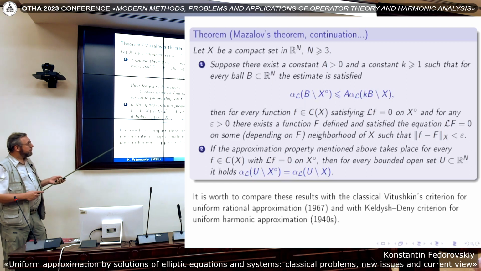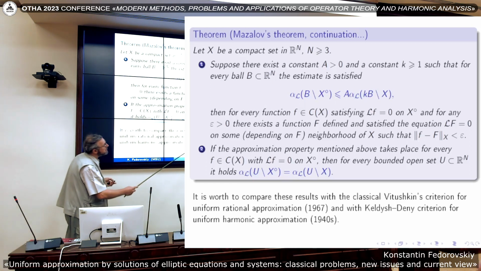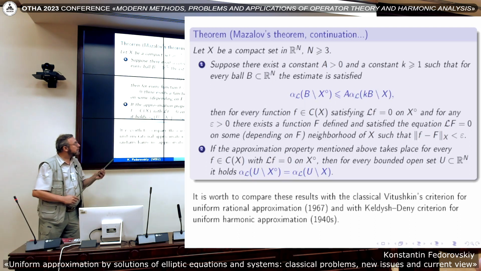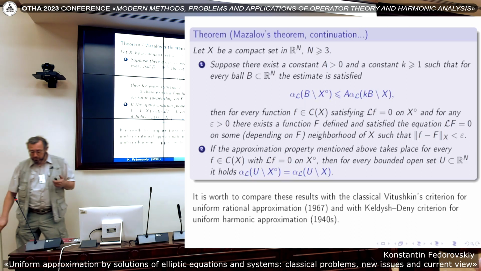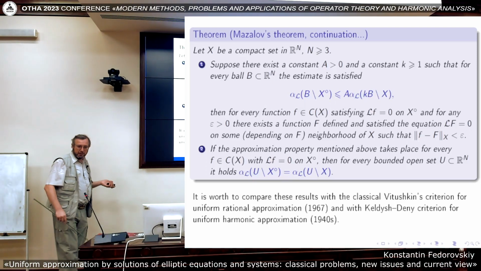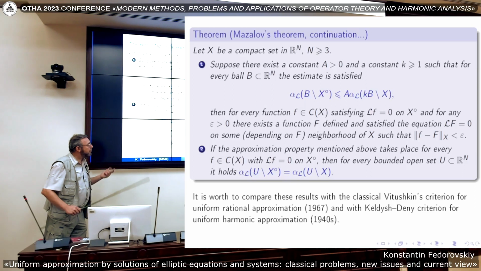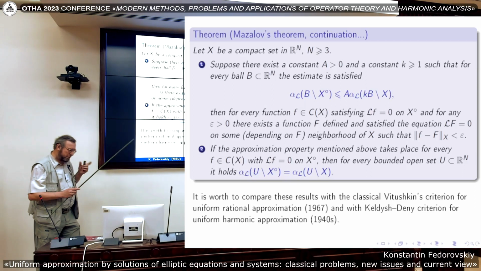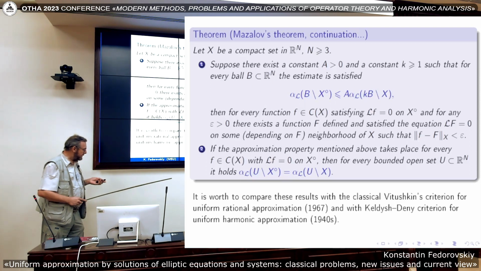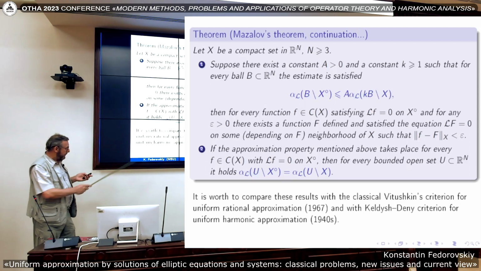It's interesting that the first result about this type of approximation was formulated not in terms of harmonic capacity, but in terms of regular and irregular points, the classical Keldysh-Denny theorem. And only later on it was reformulated in terms of harmonic capacity, but only for classes of functions.